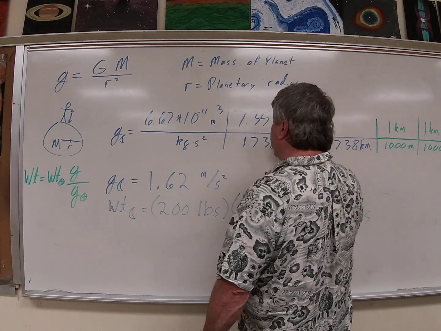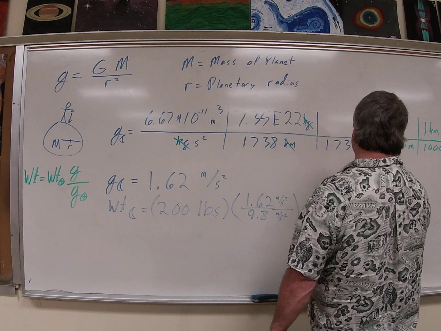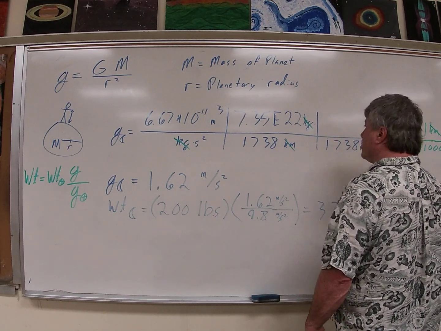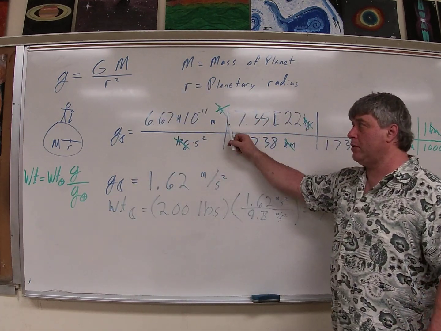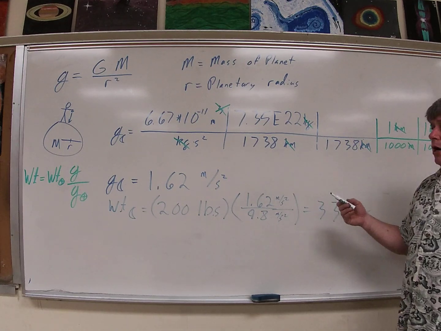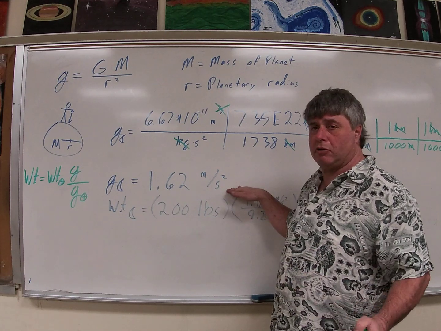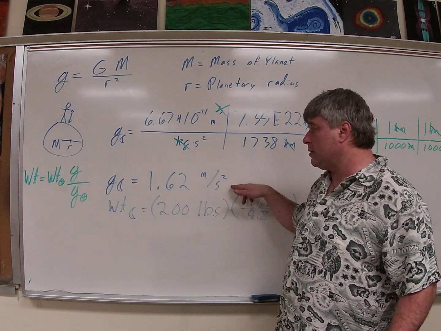Kilograms cancels here, kilometers and kilometers would cancel 1, 2 over here, and meters would cancel 1, 2 here, leaving me with units of meters per second squared, which are of course the units of surface gravity. Surface gravity, as a look at its units indicates, is actually an acceleration rate.